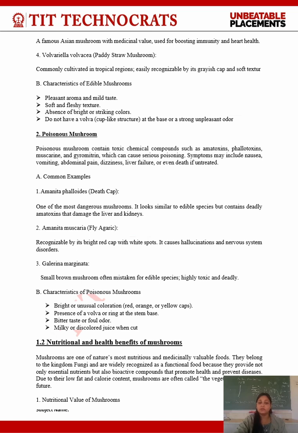Poisonous mushrooms are toxic for humans, with chemical compounds such as amatoxin and phalloidin that the human body cannot tolerate, and they cause abdominal pain, diarrhea, liver failure, and even death. A common example of a poisonous mushroom is the Amanita, or death cap mushroom.